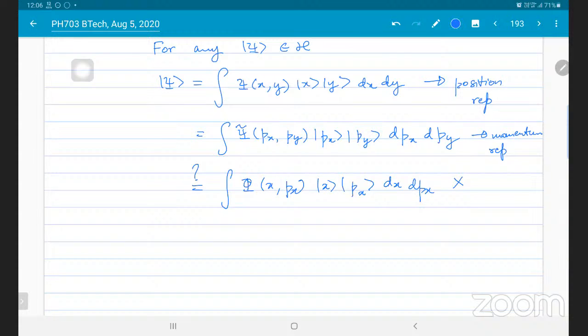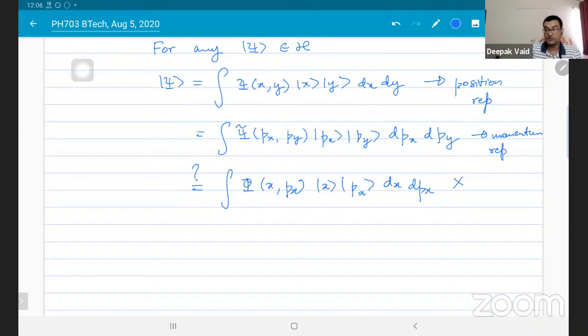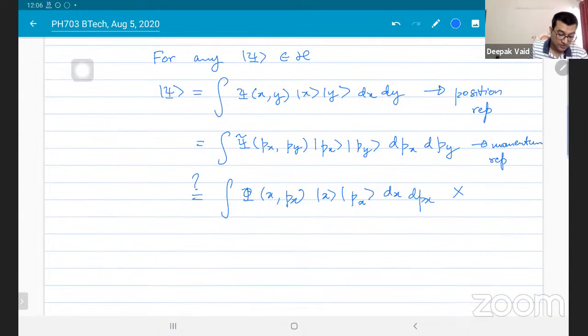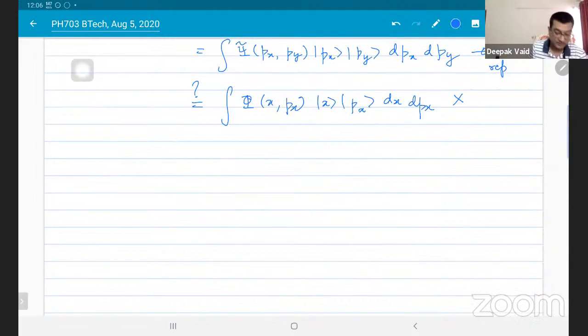No. Right? Why is that? Because x and p form a non-commuting basis, right? They are eigenstates of non-commuting operators. Okay. So now we are in the position representation. So this is how we write down our states.